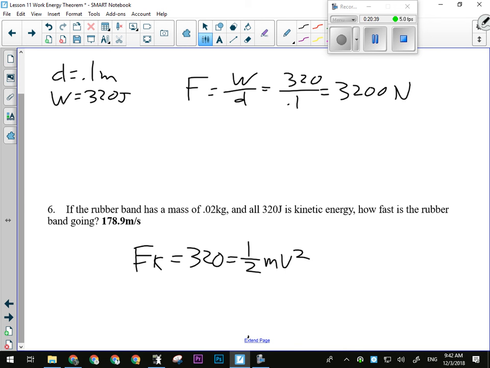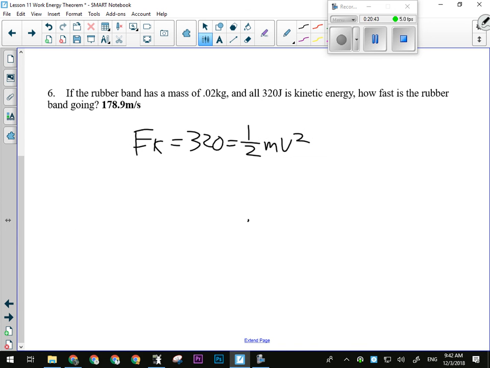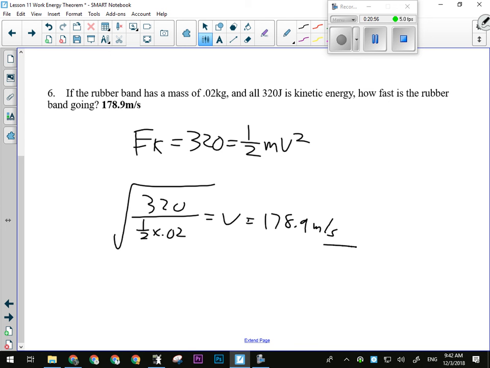All I have to do now is solve for v. So I divide 320 by 1/2 times 0.02, square rooted, and I'll get 178.9 meters per second.